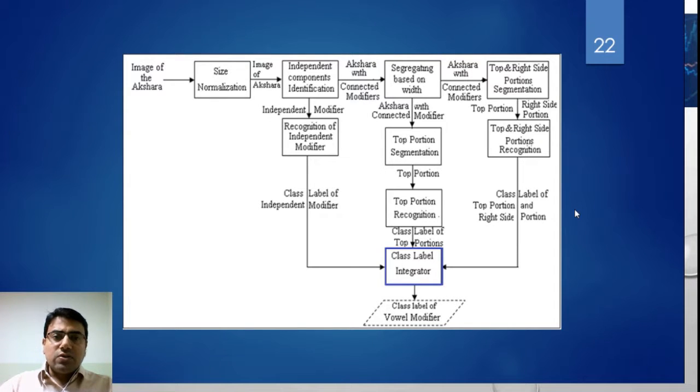At the last stage of the architecture, the class level integration is carried out. The class labels which are predicted at the level of independent modifier, top portion recognition, as well as right side and top portion recognition, are all integrated at the class level integrator, and the result of this class label integrator is the whole modifier class label.